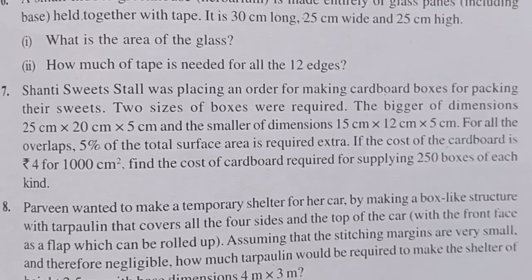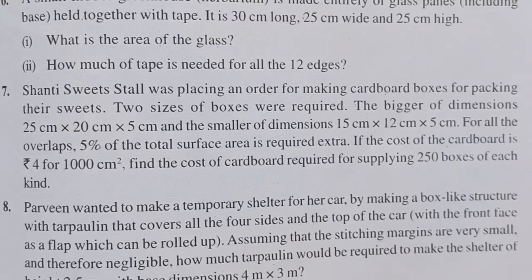Next, exercise 13.1, question number 7. Shanti's sweet stall was placing an order for making cardboard boxes for packing their sweets. 2 sizes of boxes were required. The bigger of dimensions 25 cm into 20 cm into 5 cm, and the smaller of dimension 15 cm into 12 cm into 5 cm.